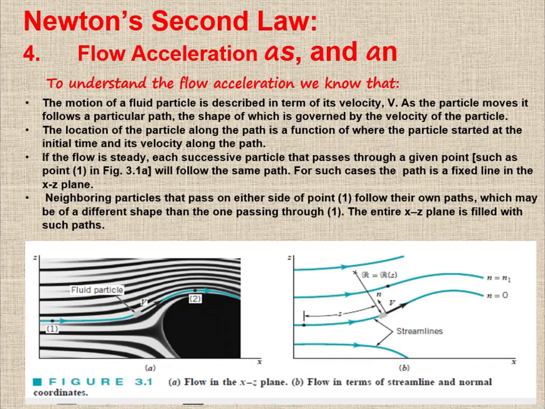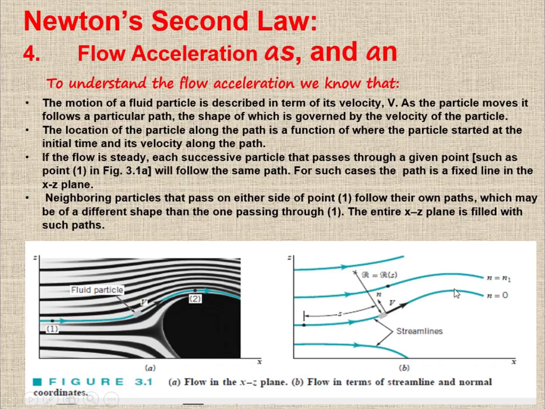So streamlines are lines where the flow velocity is tangential at every point on a streamline. Consider this is our streamline. The velocity is tangential at every point on the streamline. It is tangential here, here, and here.